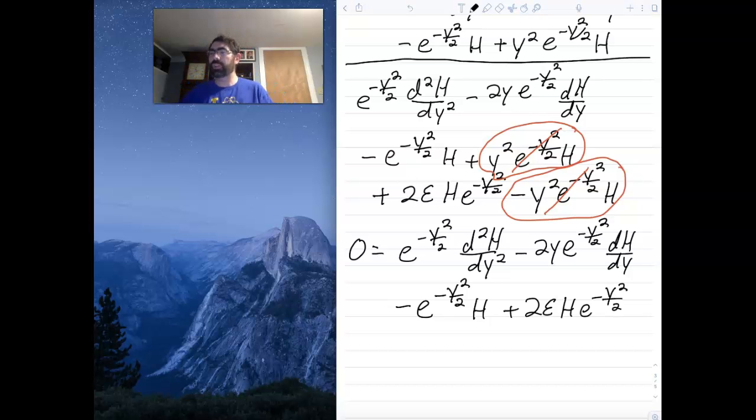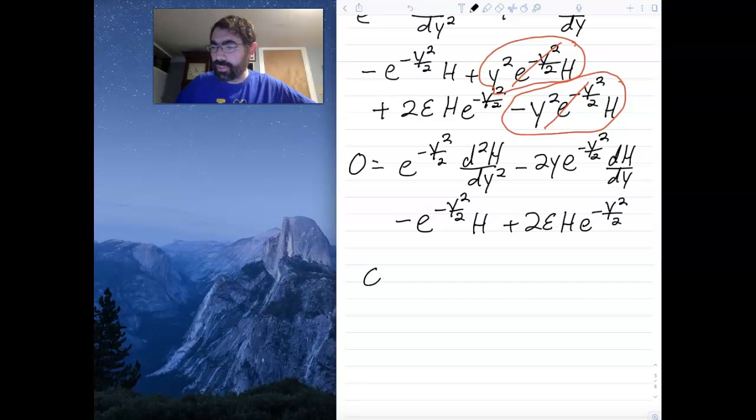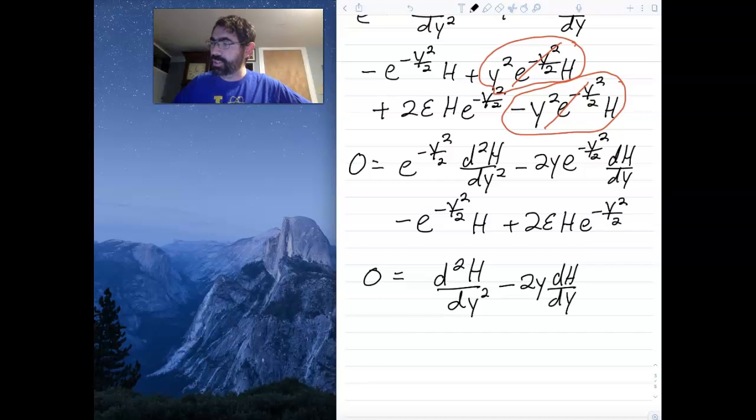So if you notice, each term has an e to the minus y squared over 2. So if we divide that out, we get 0 is equal to the second derivative of this function h, minus 2y times the first derivative of the function h, plus 2 epsilon minus 1 times h.